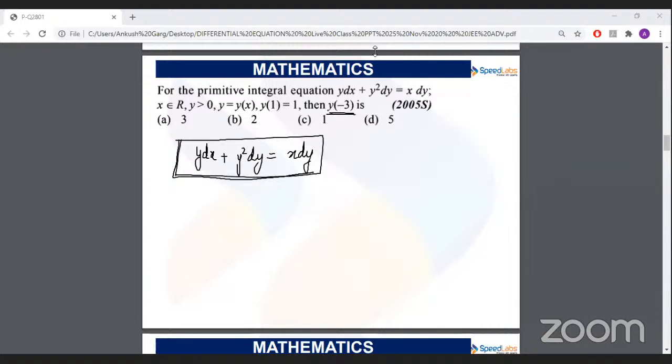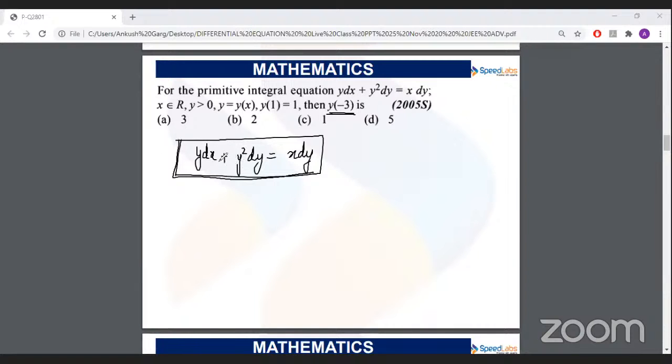Try to solve this differential equation. How will you do it? Yes, tell me guys quickly, how can you solve this particular differential equation?